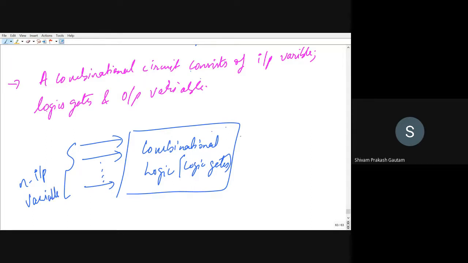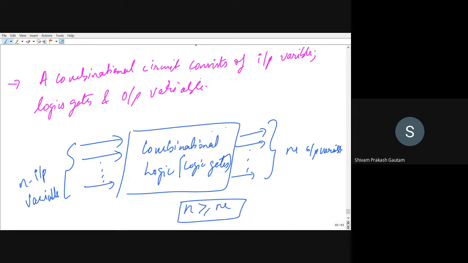Corresponding to the logic that we have used, we will get some output variables as well. It might be equal to the input variables, but it will always be equal or less. It will not be more. So let us call them m output variables, where n is always greater than or equal to m, right?